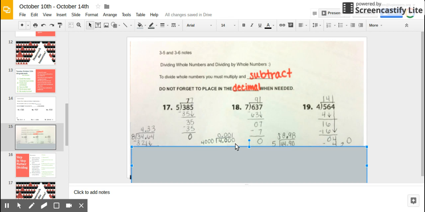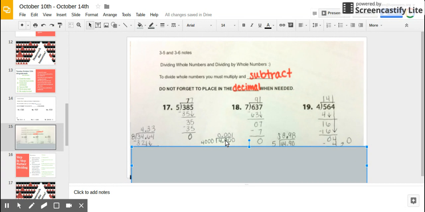It doesn't matter. They could not be in front of, in between the 4 and the decimal, because that would be 40. But 4.0 is the same thing as the whole number 4. So I put this first 0 here, and I was just looking at 40. Well, 4,000 still doesn't go into 40, so I put a 0. Then I tried another 0. Now I have 400. 4,000 still does not go into 400, so I put a 0.